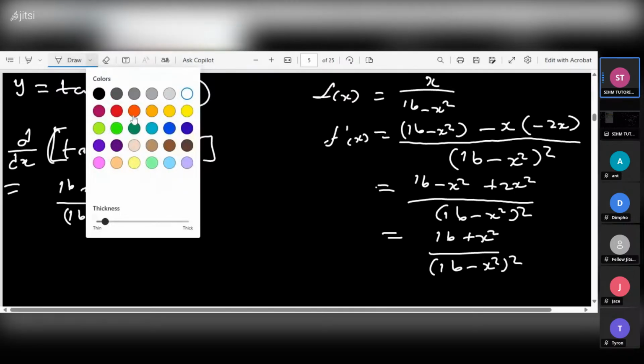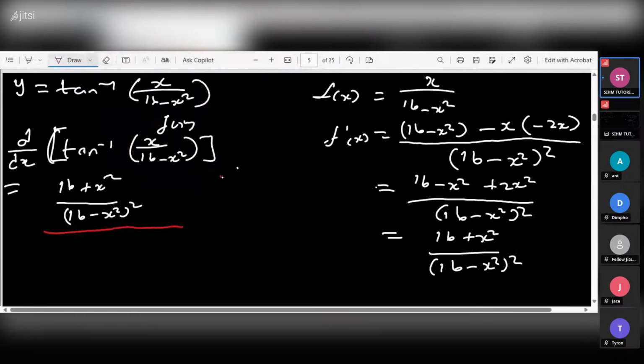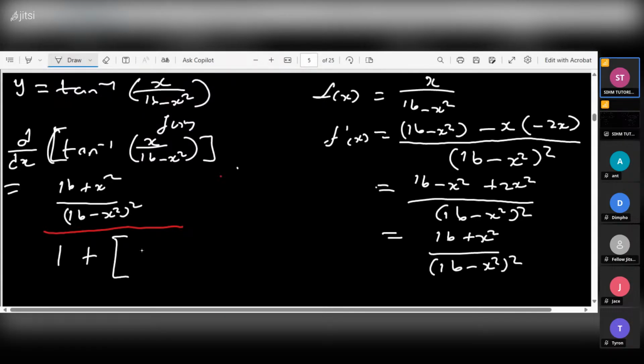Your main division is going to be this one on the right, that you should also know. And then after that, you are going to say 1 plus the square of the function. Your function is this one here, x divided by (16 minus x squared), and then all squared, as you know.